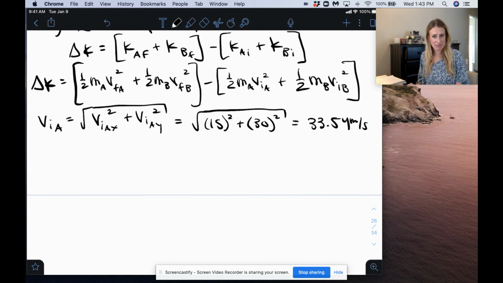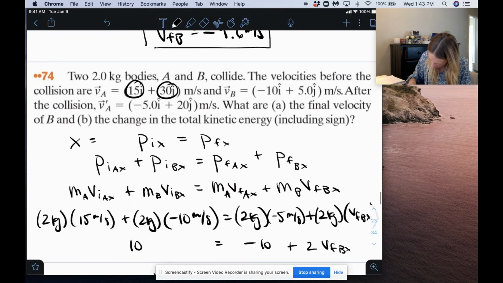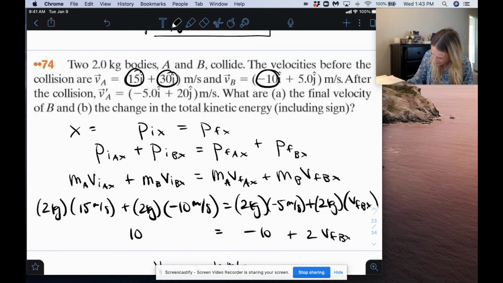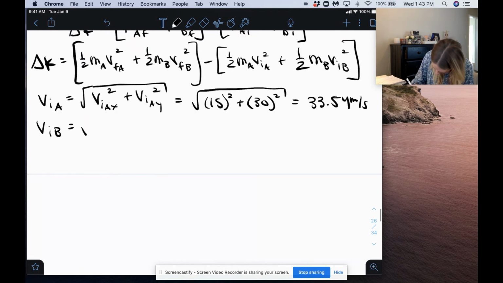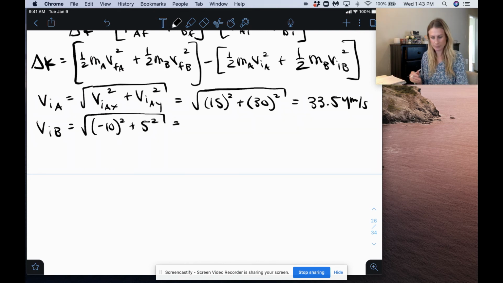Now we're going to do the same thing for all the rest of the velocities. So let's do initial velocity of B. That is the square root of -10 squared plus 5 squared, which ends up being 11.18.